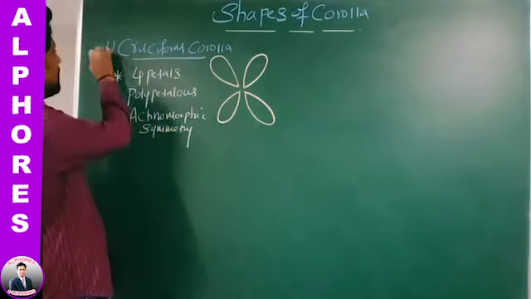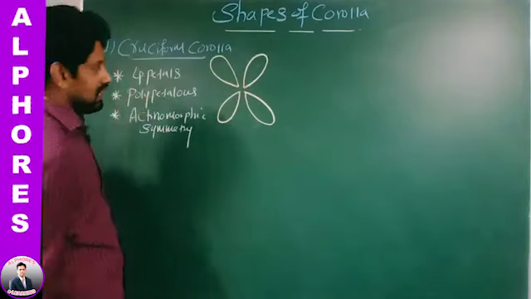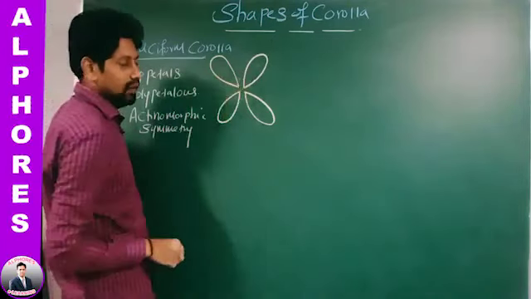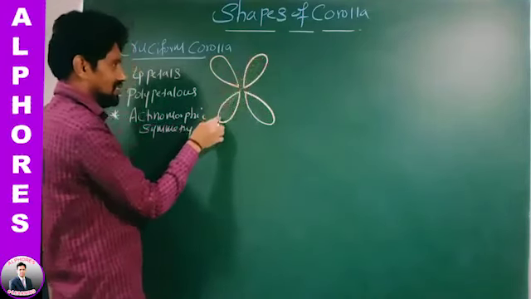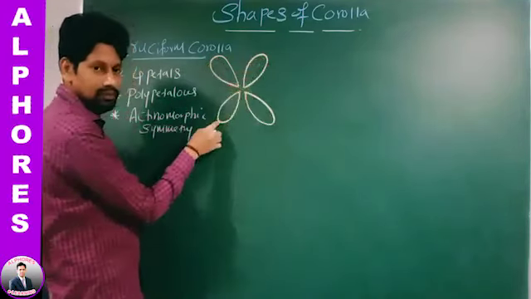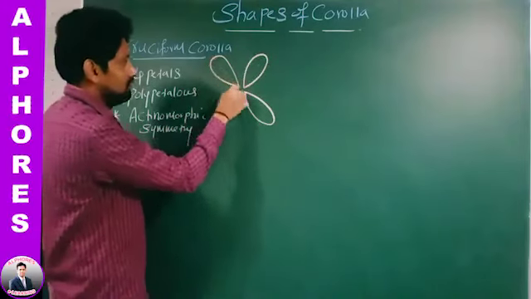What is the meaning of cruciform corolla? Here, how many petals are there? Four petals. These four petals are arranged like a cross, diagonally.